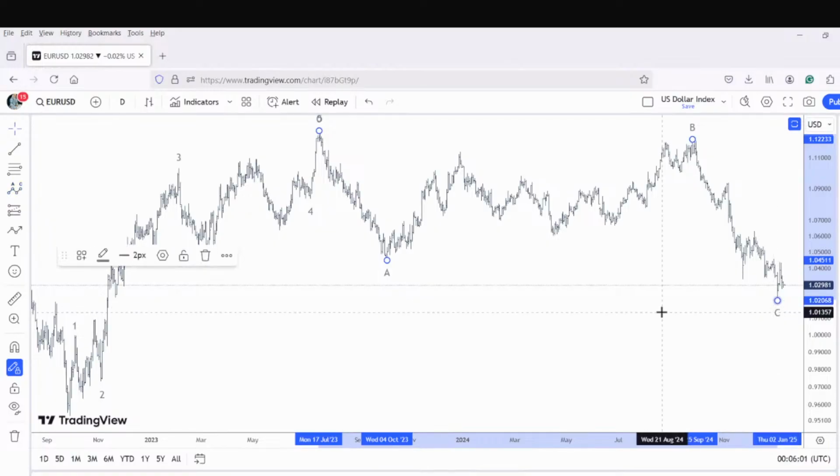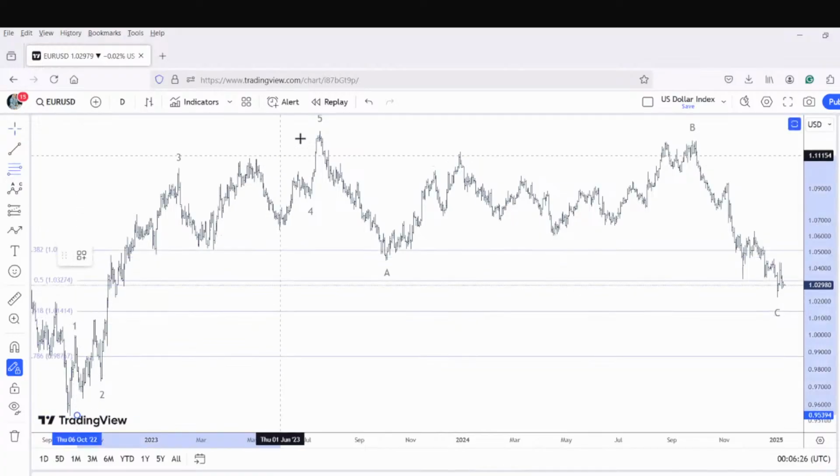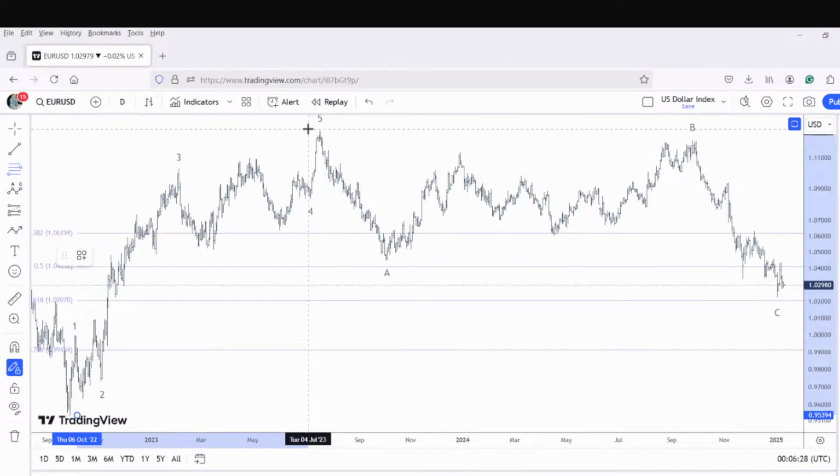It is actually an ABC, but it has taken a complex wave. B has taken a complex shape, but it still falls under the category of a standard flat. And the good part is that prices have bounced right from the 61.8 Fibonacci ratio of the first impulse, or the larger degree.